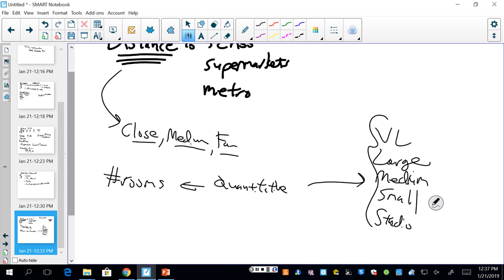Instead of having people think about it, you might want the actual numerical value. Having 3 bedrooms and 5 bathrooms is different than having 5 bedrooms and 3 bathrooms. You might want to know those actual numbers, but they might both be classified as large.